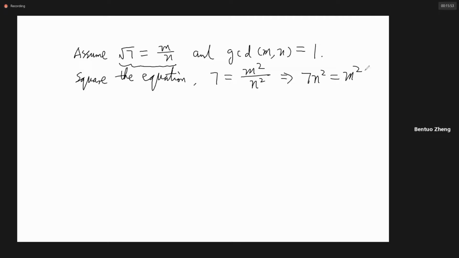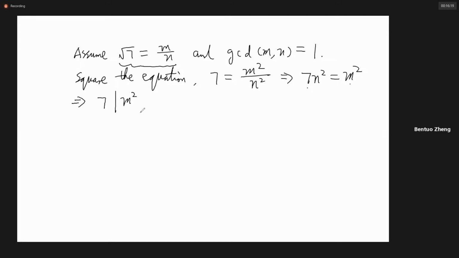Okay, here you can see that this tells you what? m squared is a multiple of 7. So this implies 7 divides m squared, because m squared is equal to 7 times n squared. So m squared is a multiple of 7. That means 7 divides m squared.